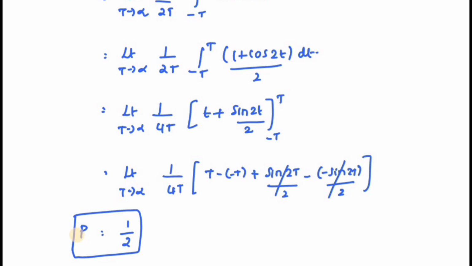So now let me go for another signal. X of t is equal to u of t minus u of t minus 1, your eighth column.